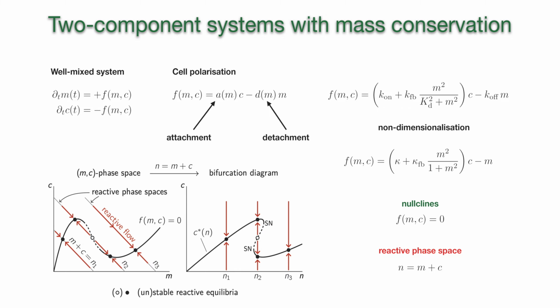So if you have a density n1, n2, or n3, it will flow in these subspaces, right here, which are mass-conserving subspaces. In this subspace, the flow has to happen. It cannot get out of it because you have to conserve the particle number. So it's that part of the phase space in which reactions can drive you between different points.